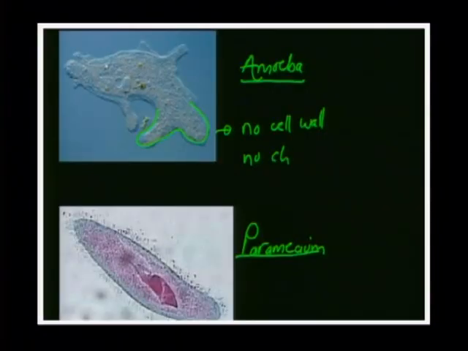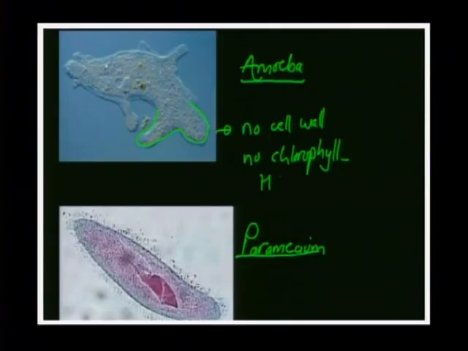That's because these more animal-like protists have no chlorophyll and they therefore cannot make their own food. Remember that the correct term for an animal or an organism that cannot make its own food is heterotrophic. That means different feeders.